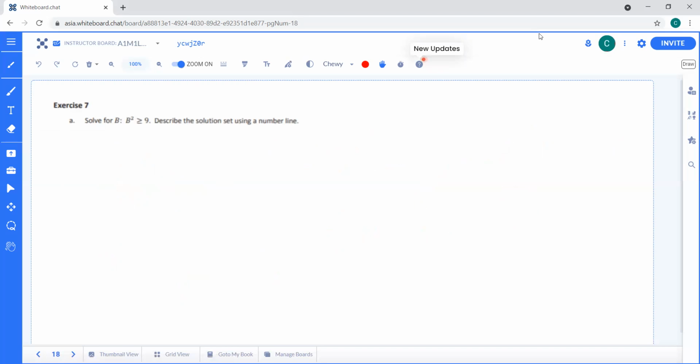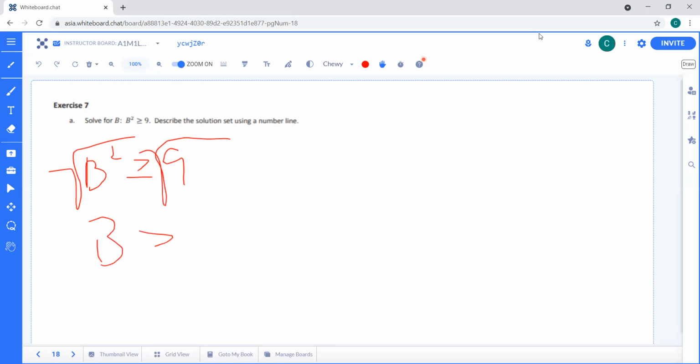Solve B squared has got to be greater than or equal to 9. Okay, so it's got to be greater than or equal to 9. So let's solve it first. For B squared, we would do the square root and the square root. So B is going to be greater than or equal to, and we said the plus or minus 3, right?